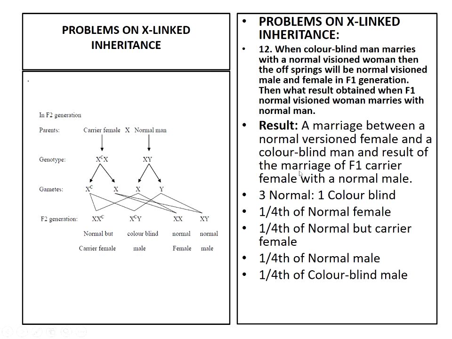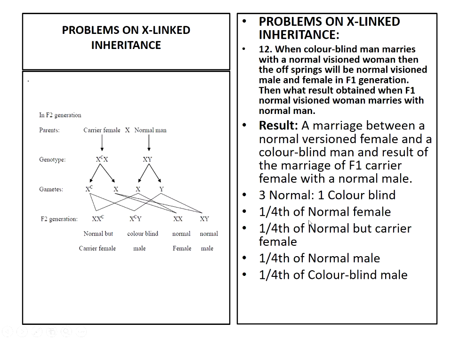So this is the result of the marriage between the F1 carrier female and the normal male. By this we observe there will be 3 normal offspring and 1 color blind individual.